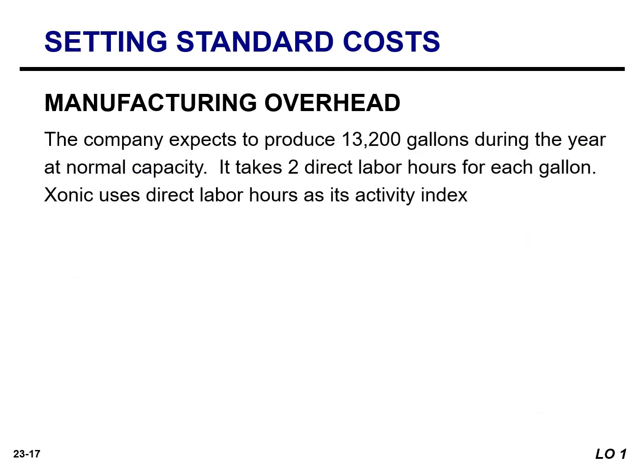This company uses standard direct labor hours as the activity index. The company expects to produce 13,200 gallons during the year at normal capacity. Since it takes 2 direct labor hours for each gallon, total standard direct labor hours are 26,400, and that's found by taking the 13,200 gallons and multiplying by the 2 hours.